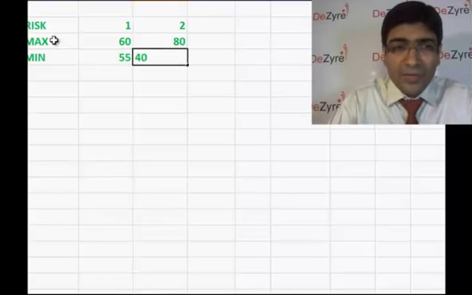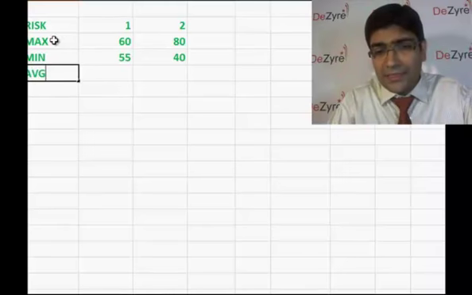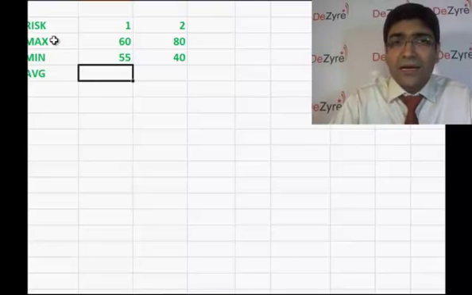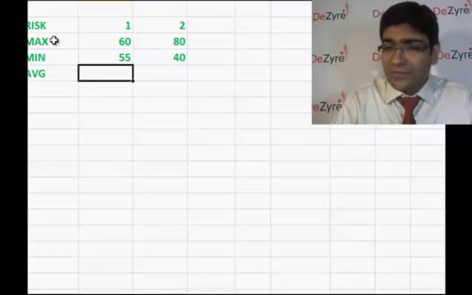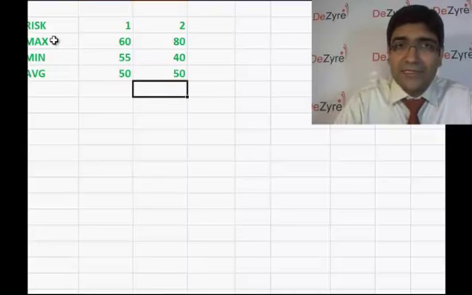Now there might be an average also for class 1. Let us keep 50 marks as the average, and class 2 also has an average of 50 marks.